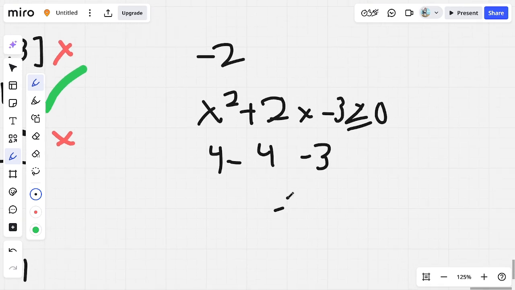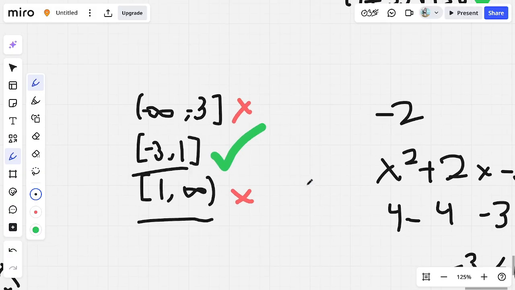So this is going to be -3, which is less than 0. So this interval is correct.